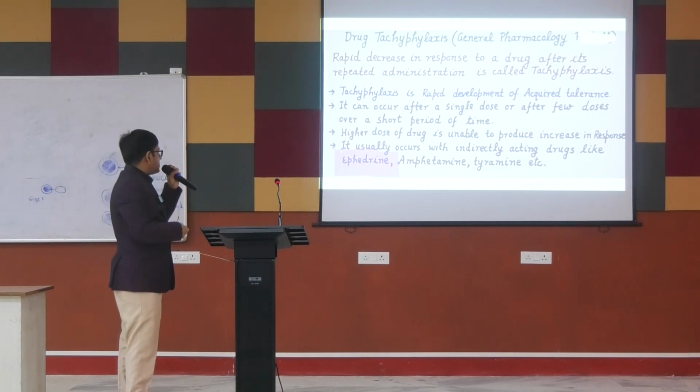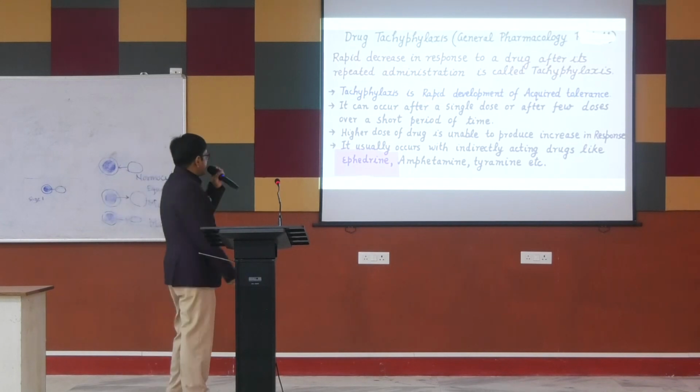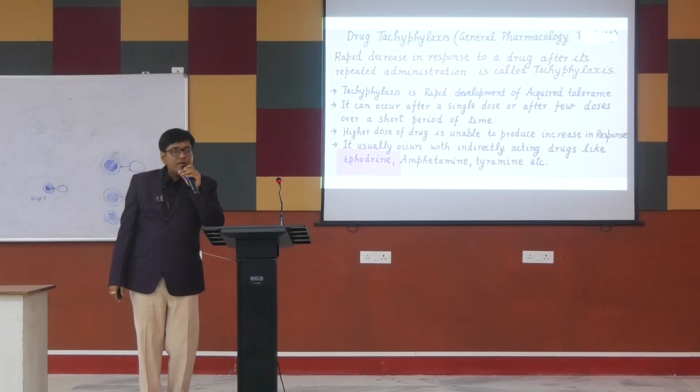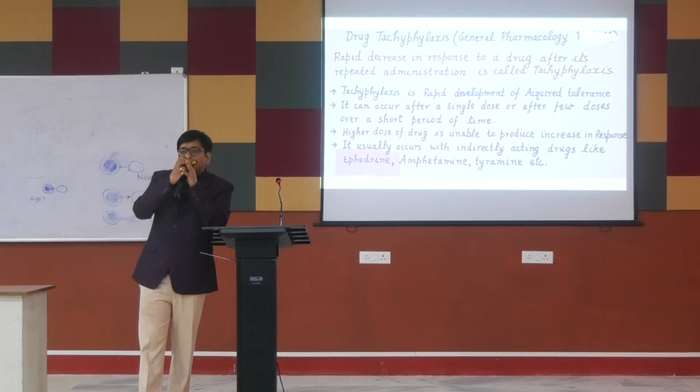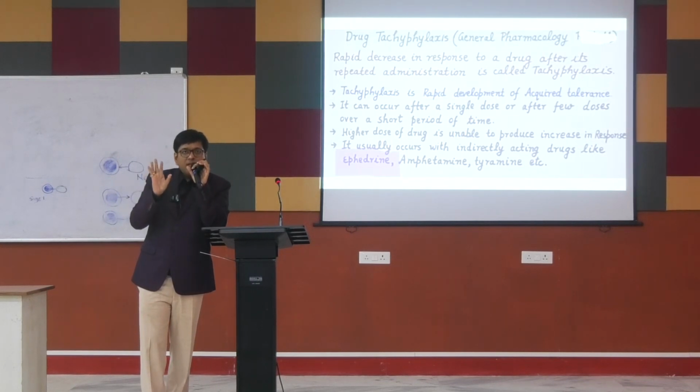Example is, classical example, lot of examples are given, but classical example you should remember for tachyphylaxis is ephedrine. Ephedrine is a sympathomimetic drug. What it does is that, noradrenaline that is synthesized in the adrenergic nerve endings, ephedrine goes and displaces some noradrenaline from the nerve endings.